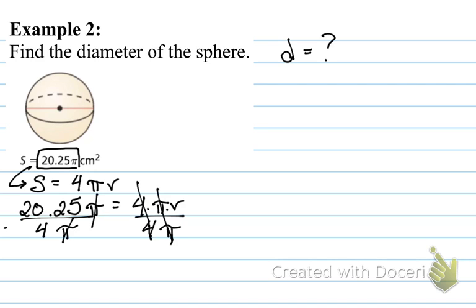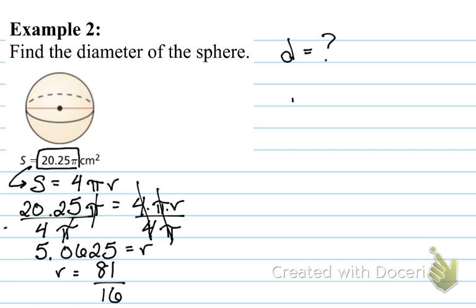I get 5.0625. That's no rounding at all, so that's exact, which as a fraction is 81 over 16. So there's the two versions of r squared.